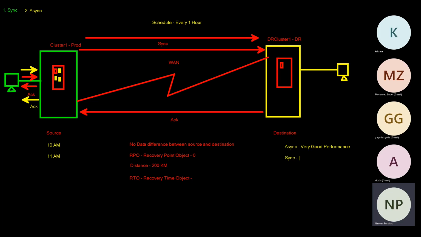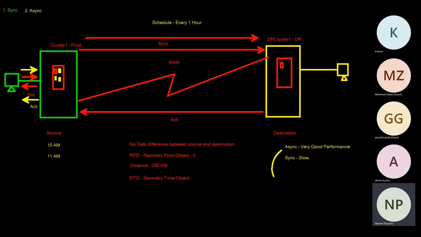But when you compare sync with async, sync will always be slower, because async will not work based on the acknowledgement, and the data will not be copied to the DR immediately, right? It will be copied to the DR in the backend according to the schedule. Okay. Any questions?